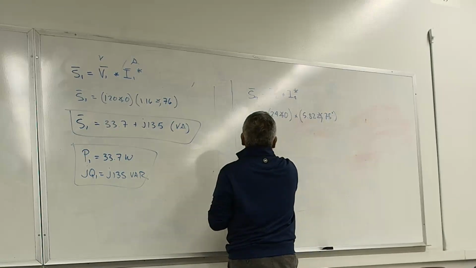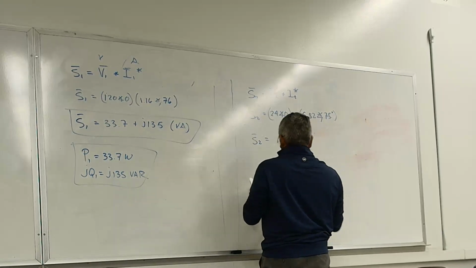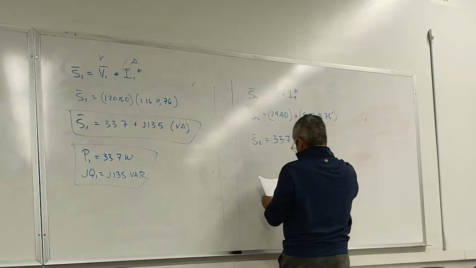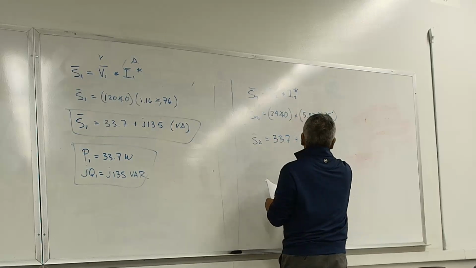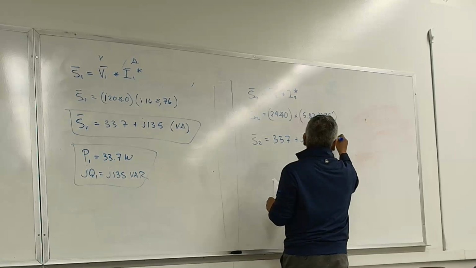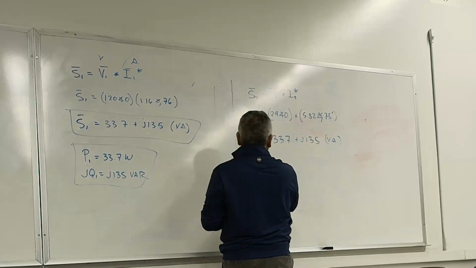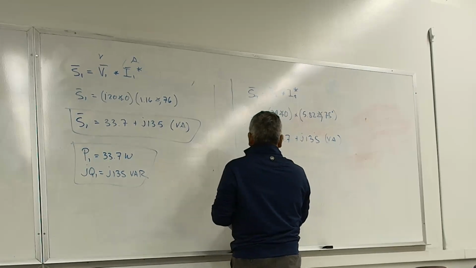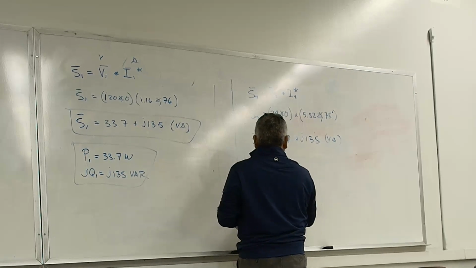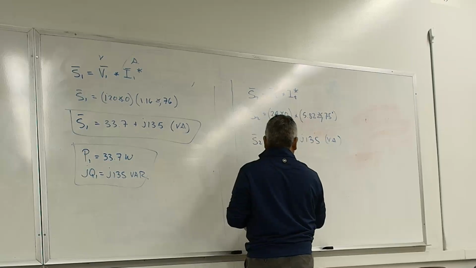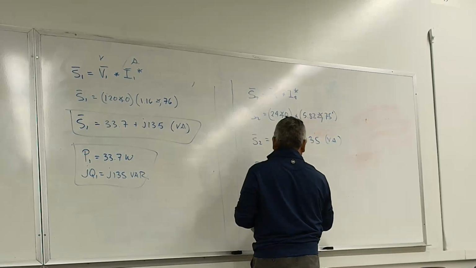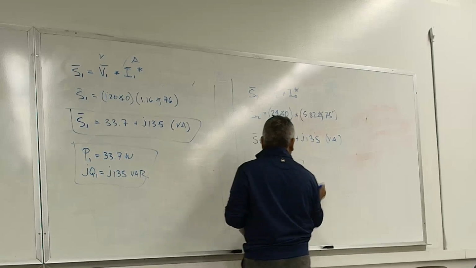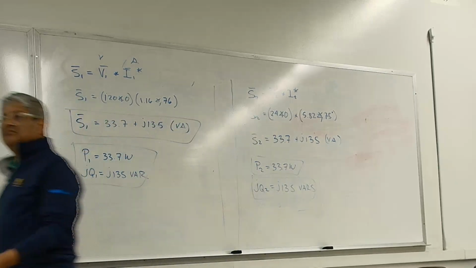So then S2 is equal to 33.7 plus J135. And this is in volt amperes. So P2 is equal to 33.7 watts. And JQ2 is equal to J135 vars.